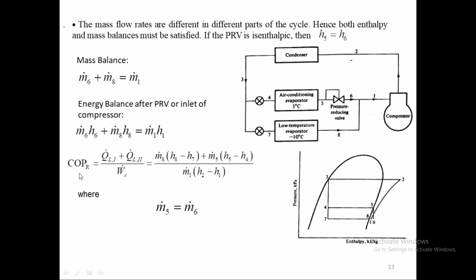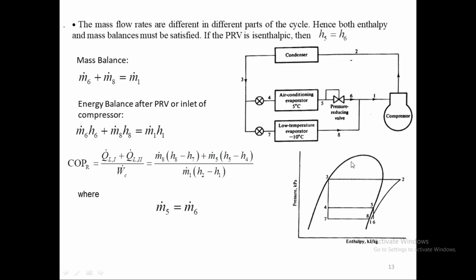And the COP of the total system will be equal to the cooling produced in the low pressure evaporator, Q dot L1 and Q dot L2, divided by the one compressor work.